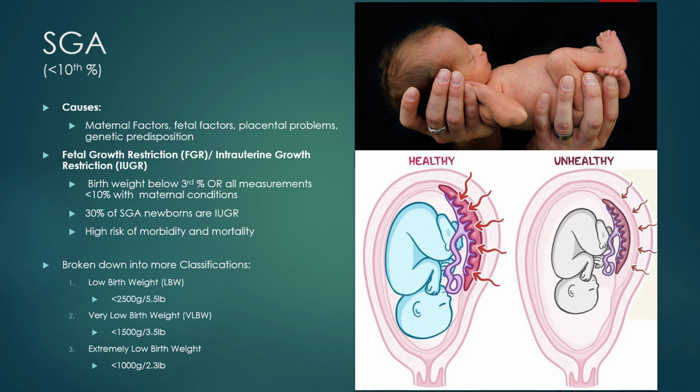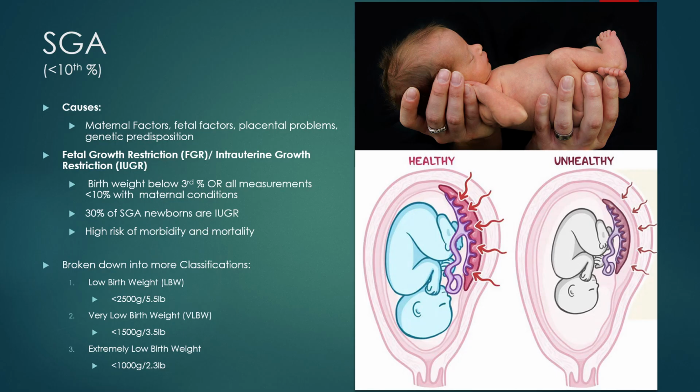Genetic conditions like Down syndrome automatically make babies smaller. Congenital anomalies like cardiac conditions, or a chronic fetal infection, like if mom has syphilis that's across the placenta, or rubella infection that's across the placenta, all of those can impact the growth of the fetus.